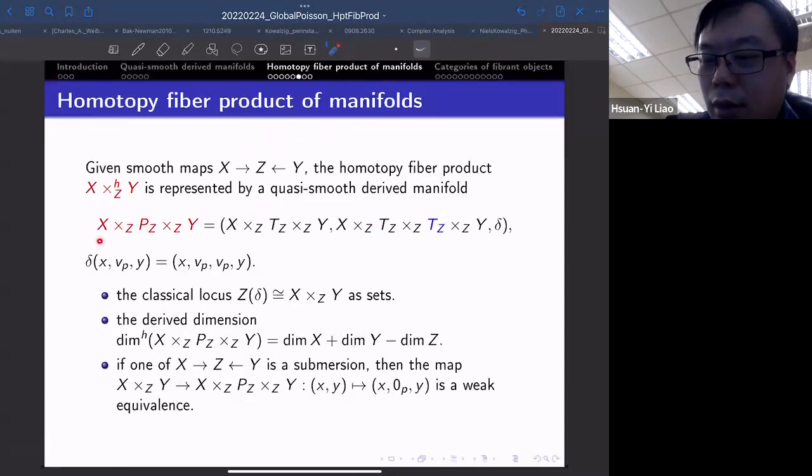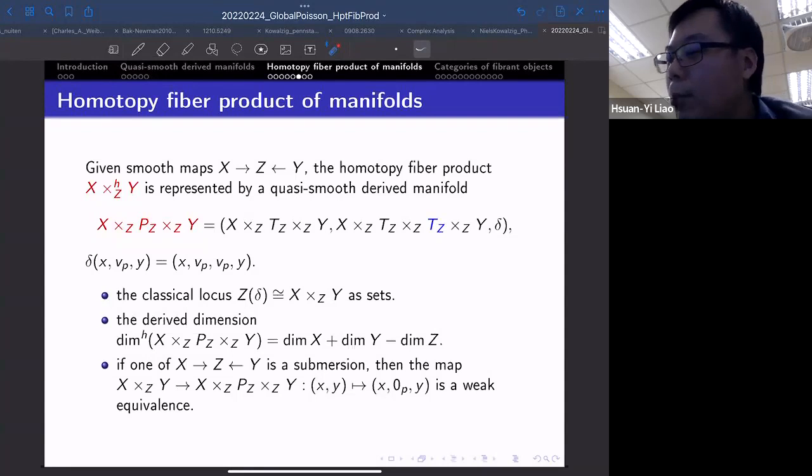This part is my P in the previous factorization. So this is my homotopy fiber product. It is a quasi-smooth derived manifold. That means it is a vector bundle together with a section.